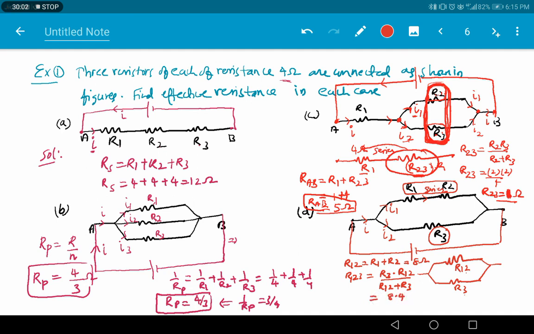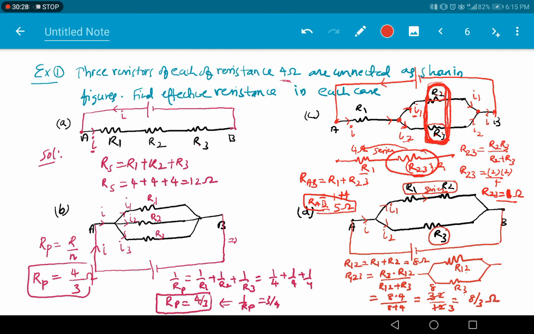So 8 into 4 by 8 plus 4. Okay? So 32 by 12 we can write. So 4 eights are 32, 4 threes are 12. So your answer will be 8 by 3 ohm.